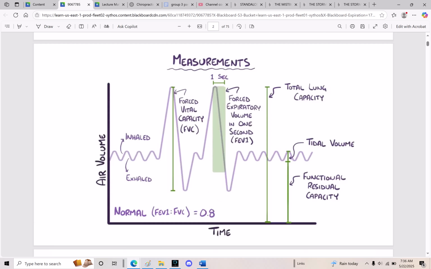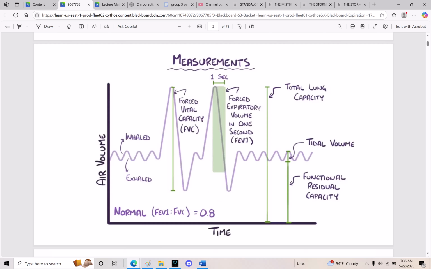And that's what this graph is showing you. If you look at the green part here, they have it highlighted, they're not measuring the total amount of air you're going to exhale. They stop right there at the 1 second. And they're going to compare how much you are able to exhale in 1 second to the amount of air you took in. Make sense?